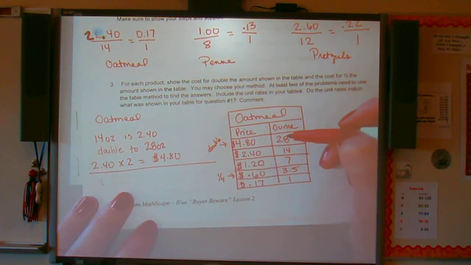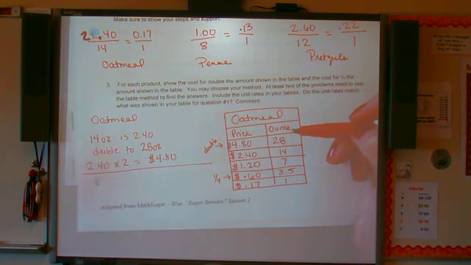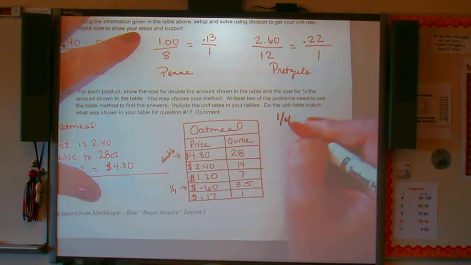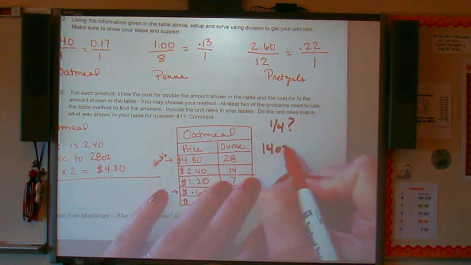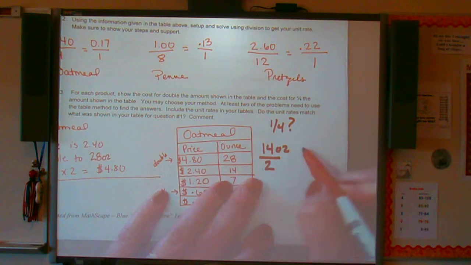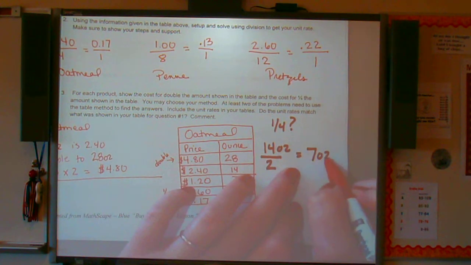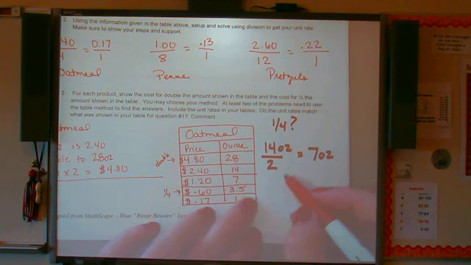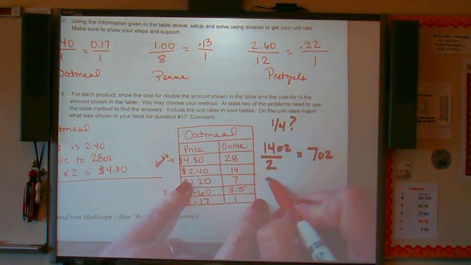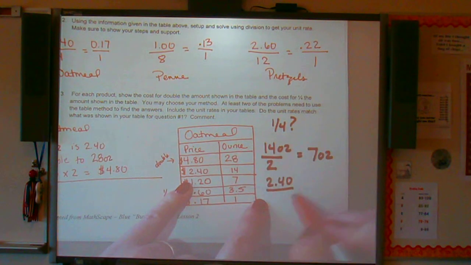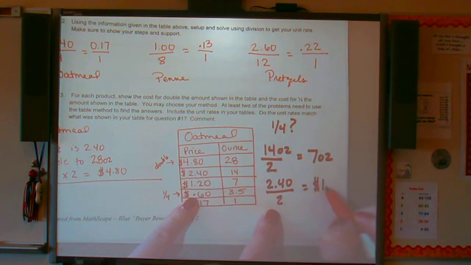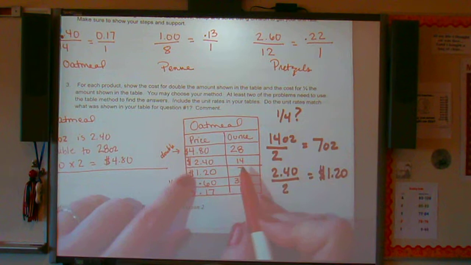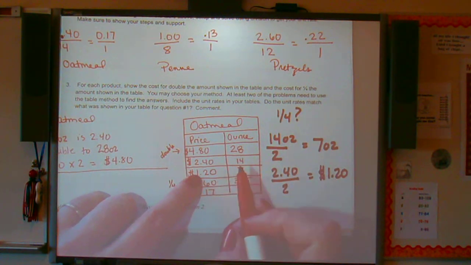Then I wanted to know what is a fourth. So my goal is to get to a fourth. First I did a half. If I had 14 ounces, I'm going to divide that by 2 to get 7 ounces. And that's half. So 14 ounces was $2.40, I divide that by 2 and I get $1.20. So notice in my table for 7 ounces it's $1.20, but I'm still not to a fourth.